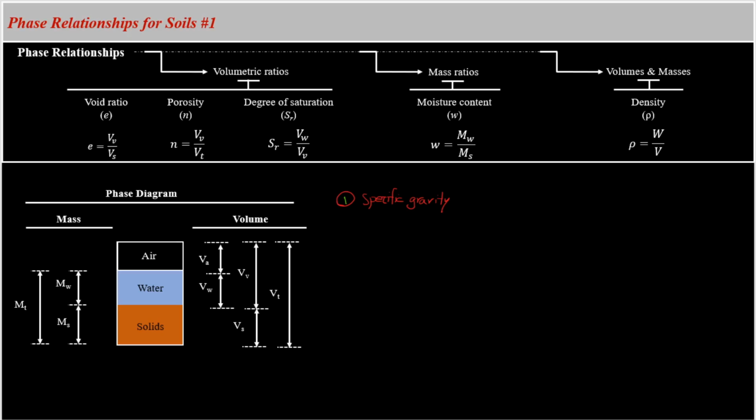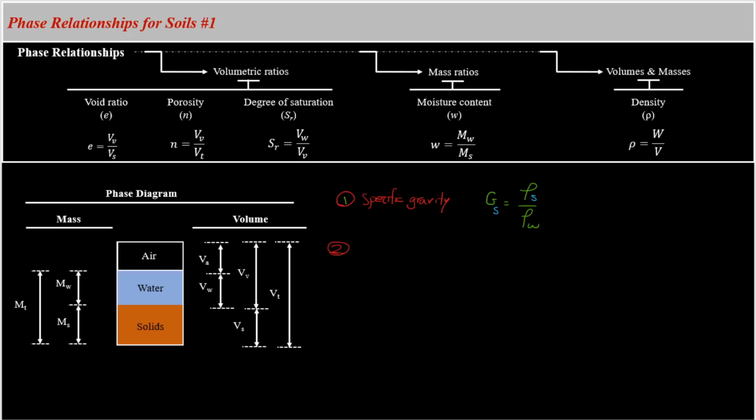Specific gravity, by definition, is equal to the ratio of the density of an object to the density of water. And in geotechnical engineering, when we talk about specific gravity, we are interested to know what is the specific gravity of the solid particles. So we use rho sub s here, and then we call it G sub s, and s stands for the solid particles.